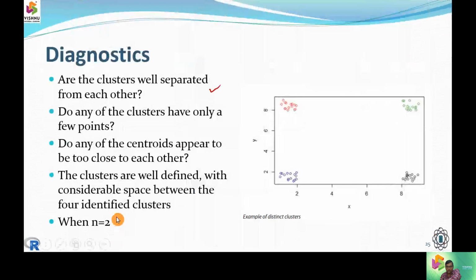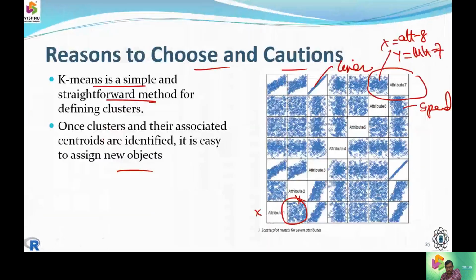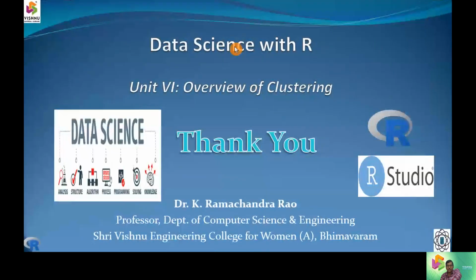So this is how the clusters are separated, with no overlapping. Such well-formed separated clusters will give good and appropriate results. So this is all regarding the overview of clustering.